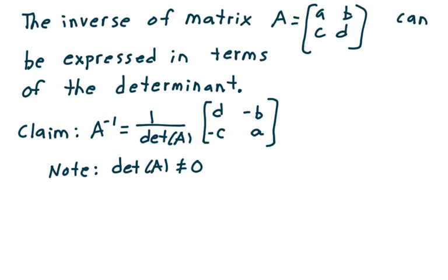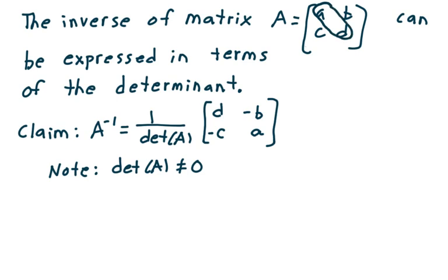Now, the inverse of a matrix A, which we're calling A, B, C, D, can be expressed in terms of the determinant. So A inverse is 1 over the determinant of A times the following matrix. So notice the entries in matrix A along the main diagonal.